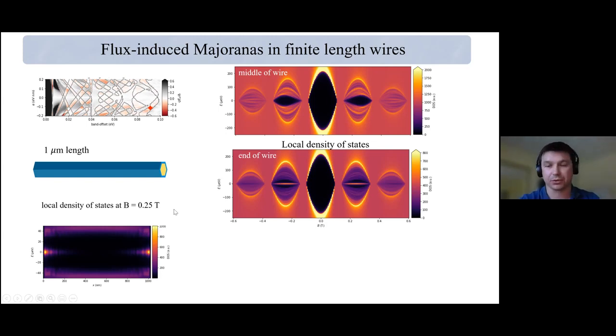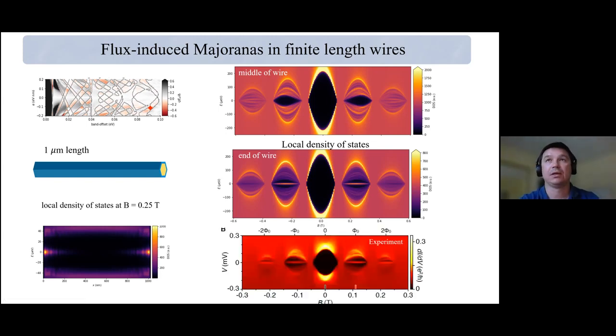So I think this picture is pretty clear, and just to contrast, this is what we see in the experiment. So that's good news, because I think qualitatively we see similar results. And so the next step is to really try to answer the question, what's the scaling of the splitting between these two zero energy states as a function of the length of the wire.